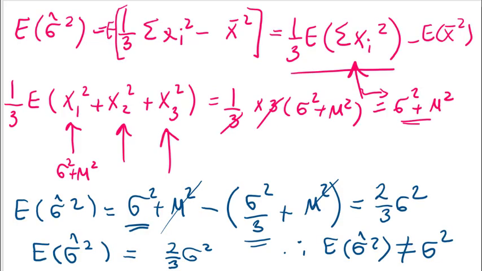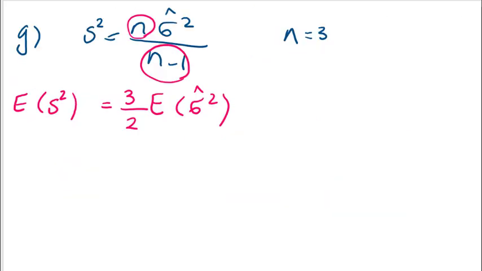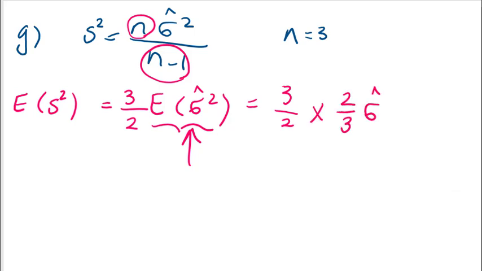We said that expectation of sigma hat squared is equal to 2/3 sigma squared. So instead of this, we put 2/3 sigma squared, so these cancel out. So expectation of S squared is equal to sigma squared.